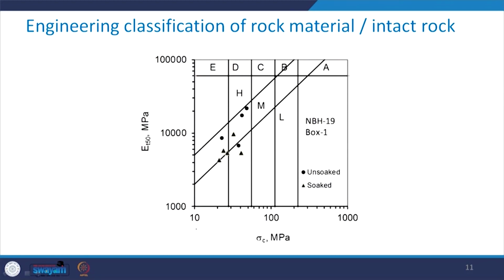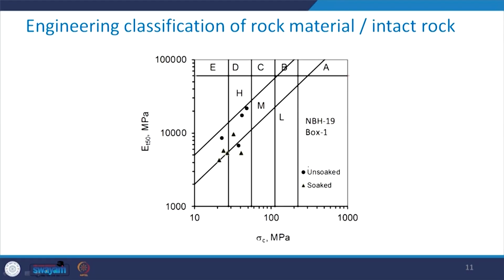Now, as I mentioned, how to classify. We had a few samples at a particular site, so I thought this plot will make these things more clear to you. The round points are for the unsoaked samples, and the triangular ones are for the soaked samples. That means we soaked them in water before carrying out the UCS test.